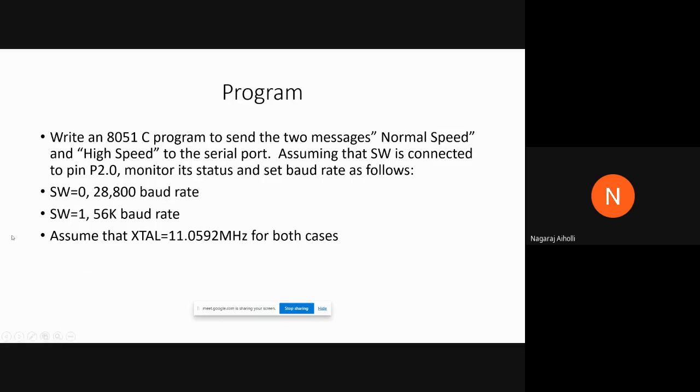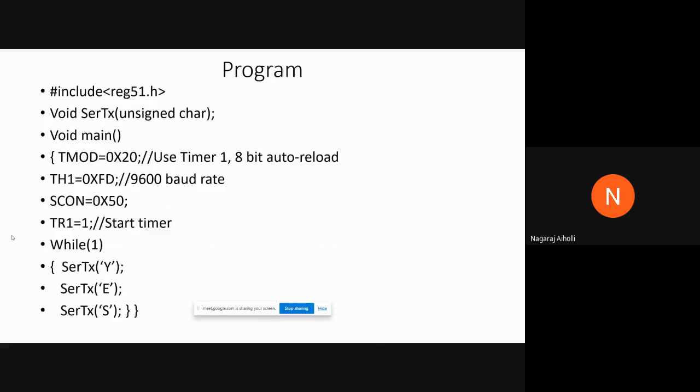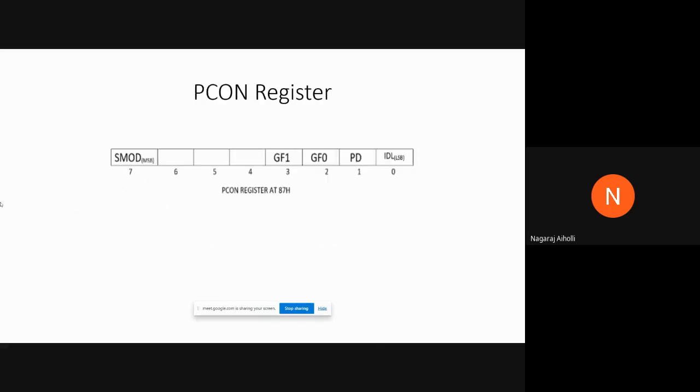We know that if you want a doubled baud rate, then the SMOD bit in the PCON register should become 1. In this PCON register, if you make the SMOD bit equal to 1, the baud rate will be automatically doubled.